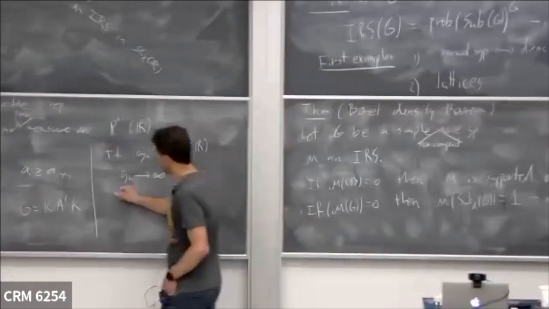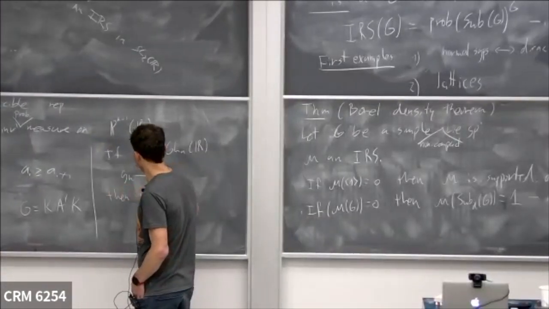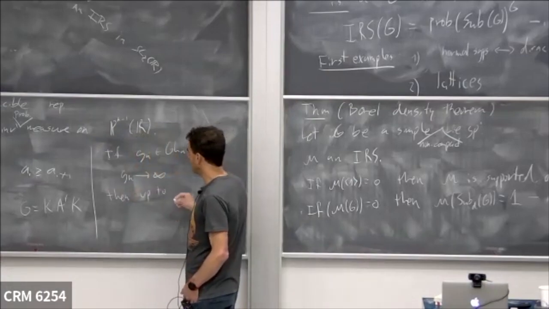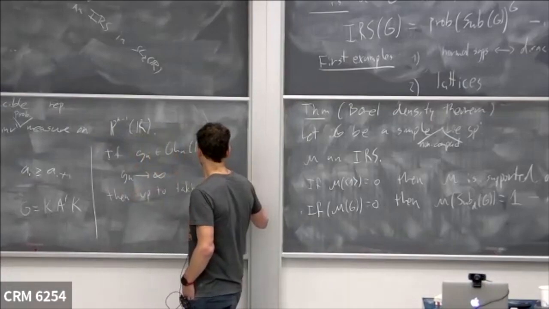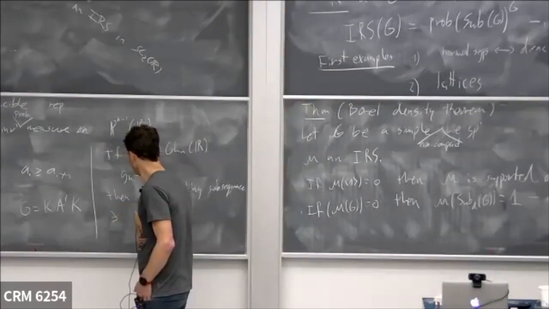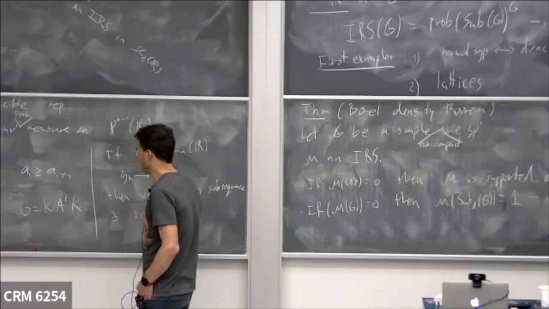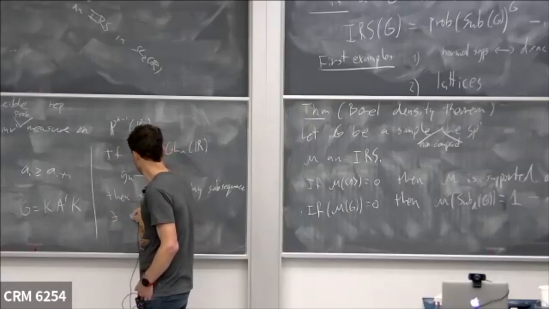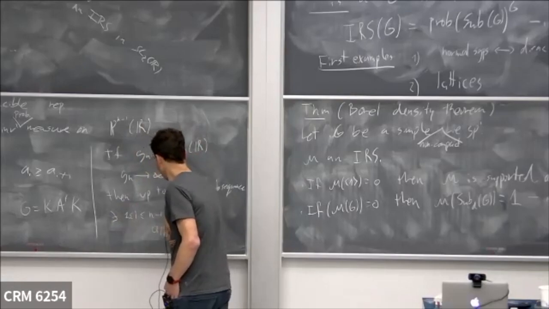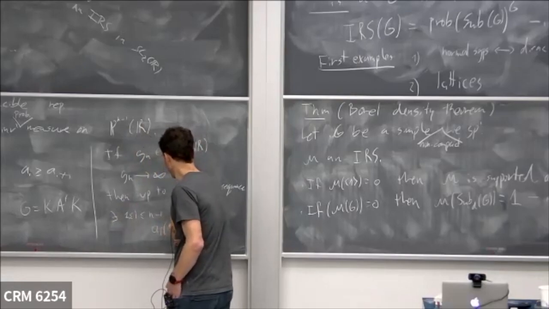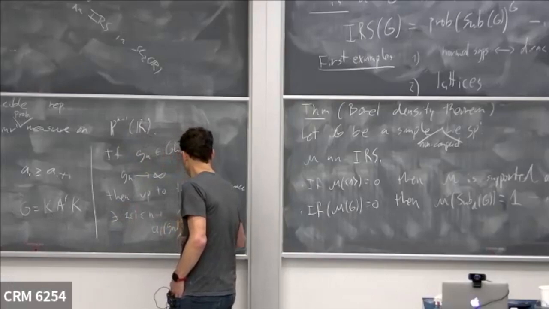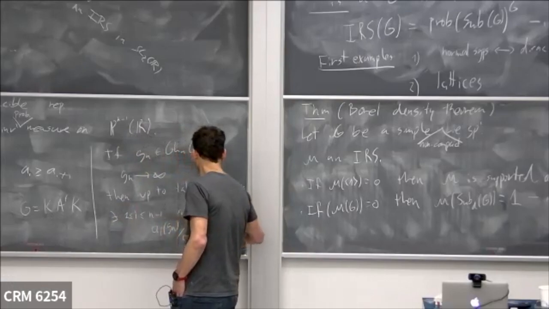Then, up to taking a subsequence, we have that there is i between n-1 and 1, such that a_i(g_n) divided by a_{i+1}(g_n) goes to infinity.